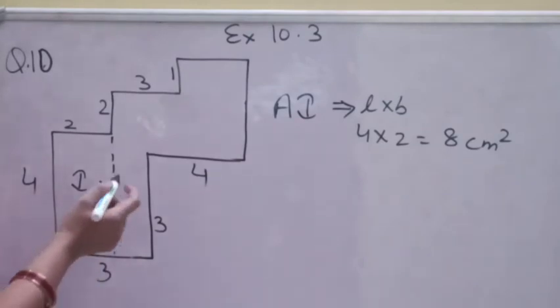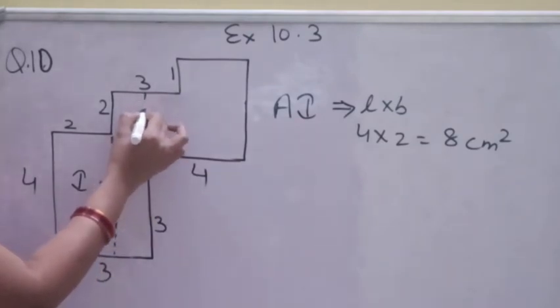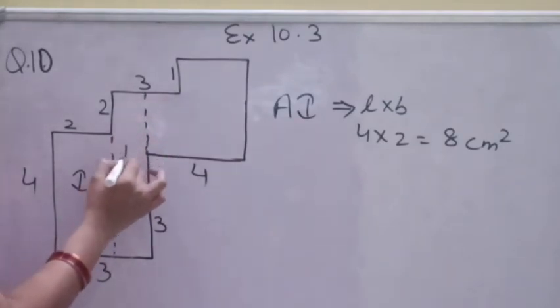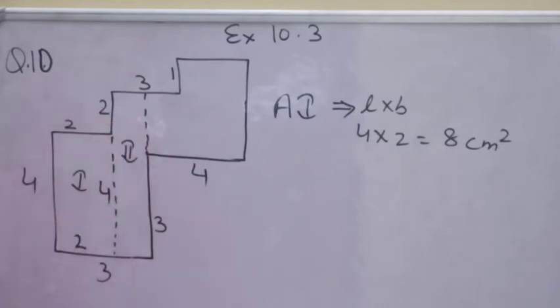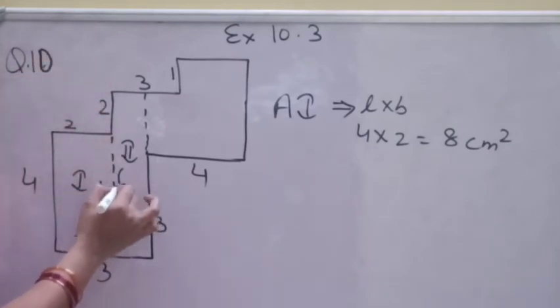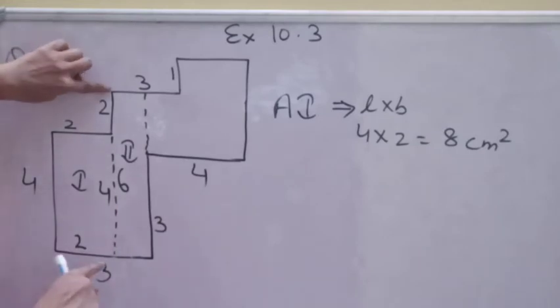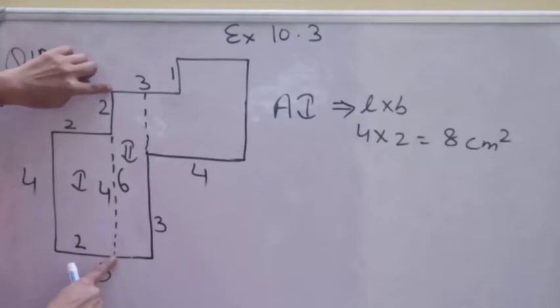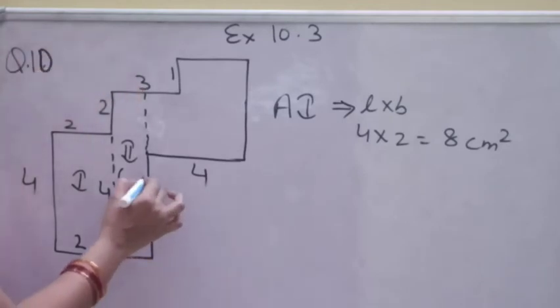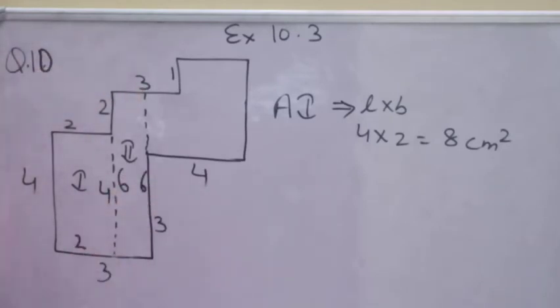Now if you join this, then this will become your second rectangle. This one side is 4 and this is 2. So this complete will become 6. From this point to this point, the total length is 6. If this is 6, then the front side is also 6.